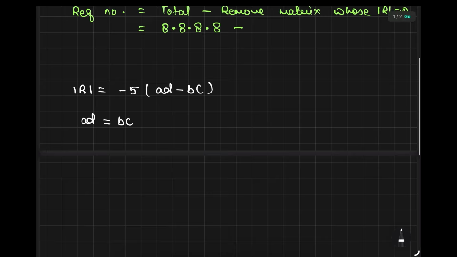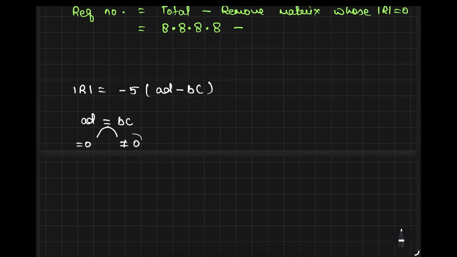Now we have to create the situations. So what could be the condition? I feel that these two things are equal. So for 0 and for non-zero, suppose this is 5 and this is 5, so both are equal, so again it will become 0. Correct.